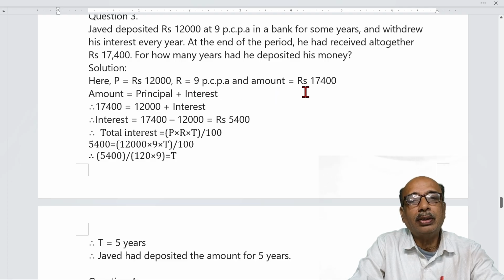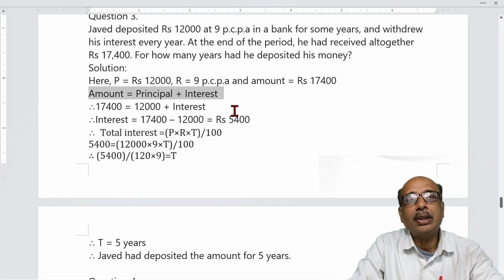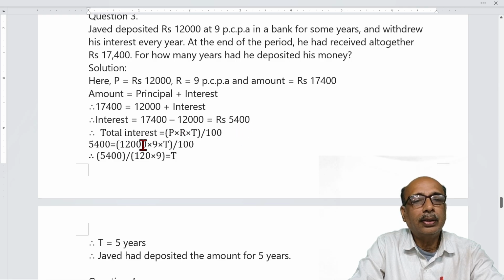Amount is given, rupees 17,400. We have to use the formula amount equals principal plus interest. So 17,400 is the amount, principal is 12,000. So interest is how much? Therefore, interest equals 17,400 minus 12,000 equals 5,400.